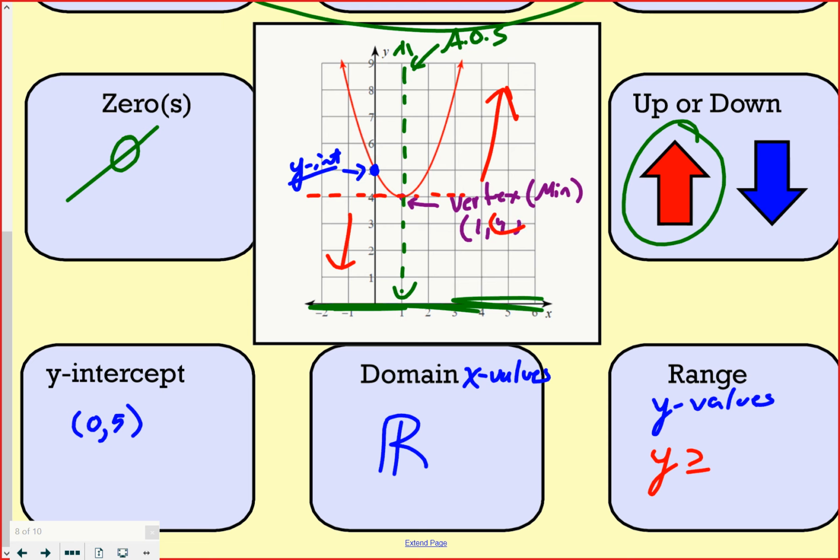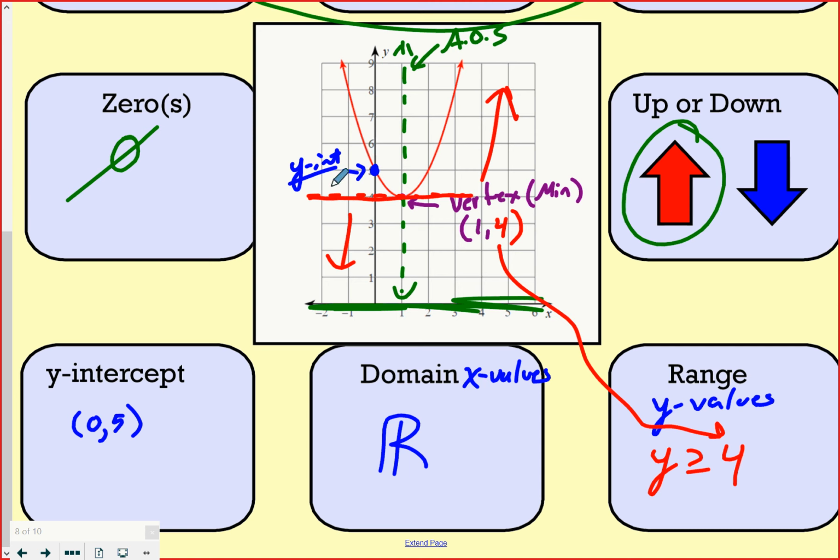Whatever the y value is of your vertex is going to help you with your range. So whatever your y value is, that's going to be your range. So if it's a min, it's going to be y is greater than or equal to 4. Okay? Because anything above that point, and this should be solid, right?